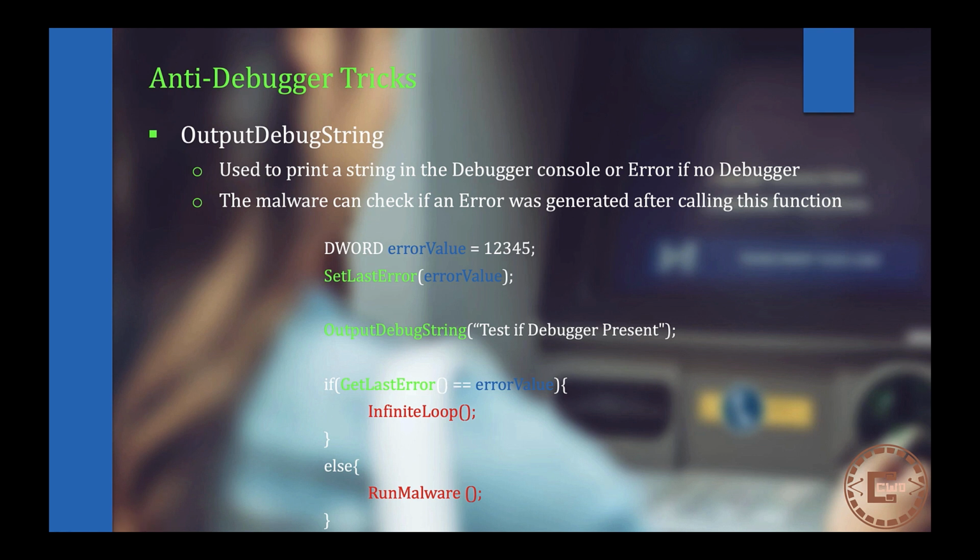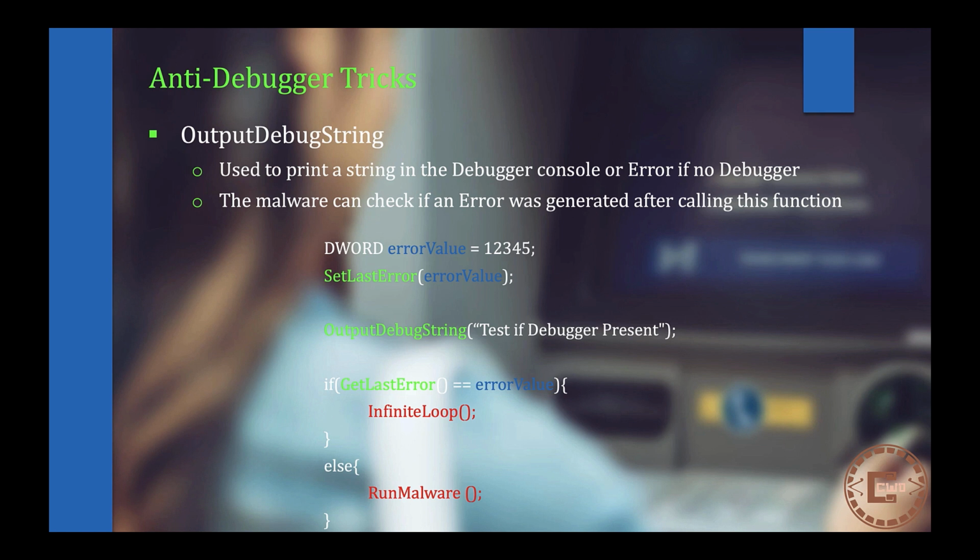In other words, no error was generated by calling OutputDebugString, so the execution worked, and therefore there is a debugger that was able to print out this string. If that's the case, these guys just get into an infinite loop, or exit the program, or do whatever they want.